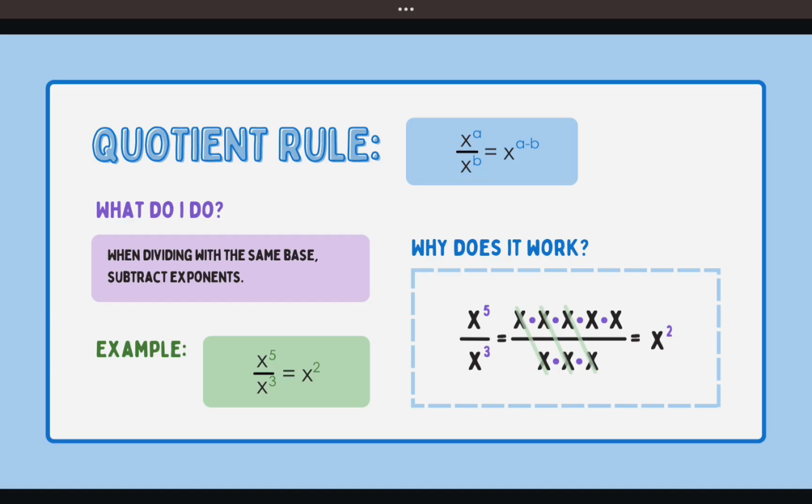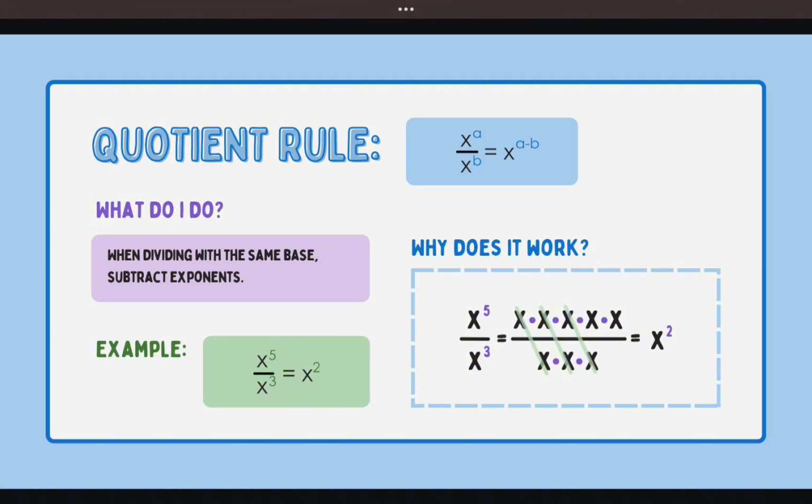Why does it work? X to the power of 5 equals x multiplied by itself 5 times. X to the power of 3 equals x multiplied by itself 3 times.